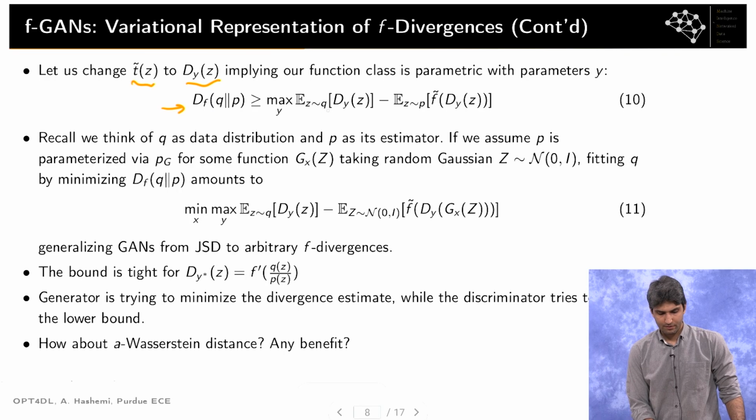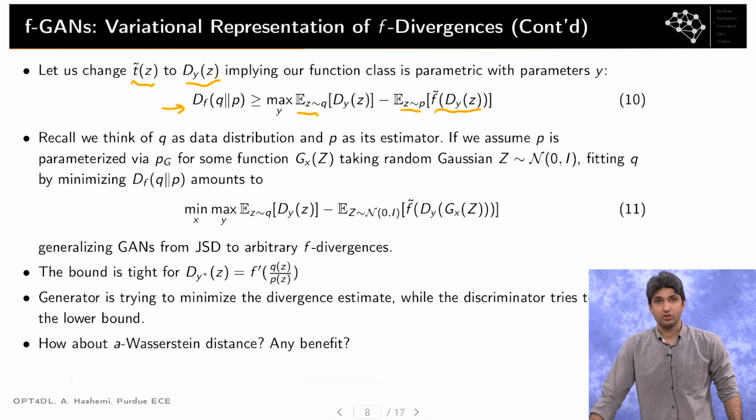Okay, so I have an expectation of d with respect to Q, data coming from the underlying distribution, minus the expectation of this quantity when data is coming from distribution P. Okay, so essentially data generated by our generator, or the distribution described by the generator.